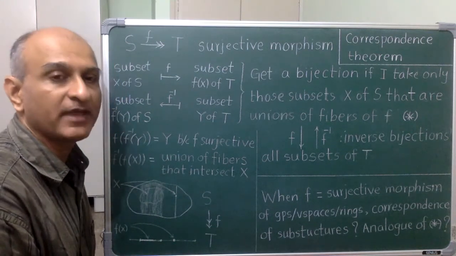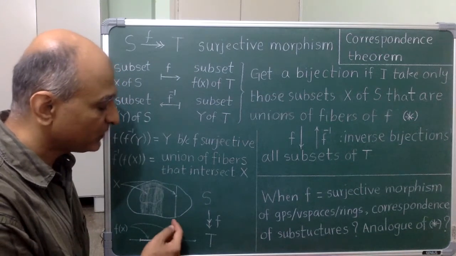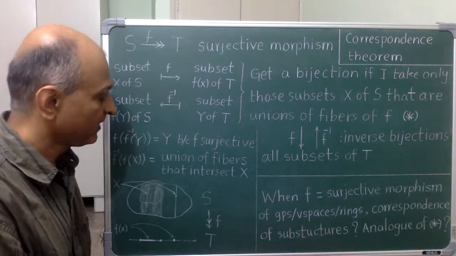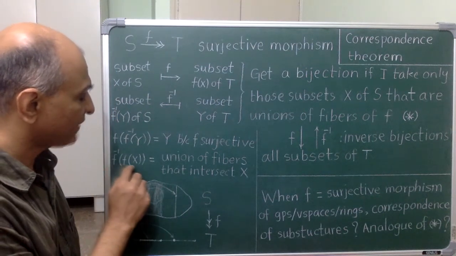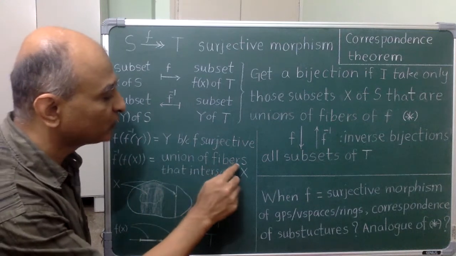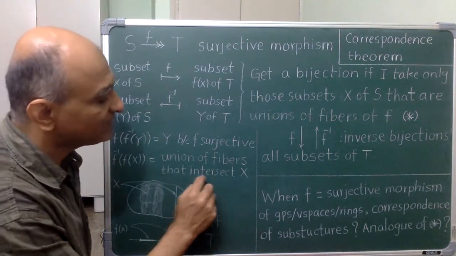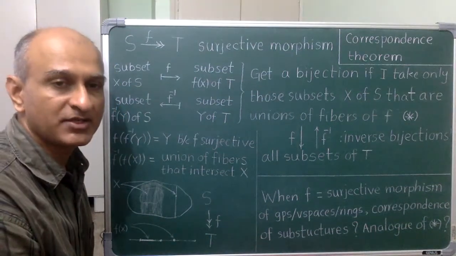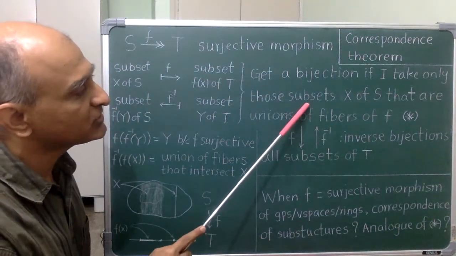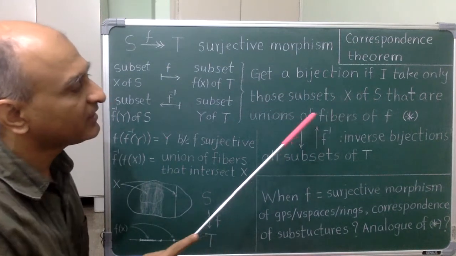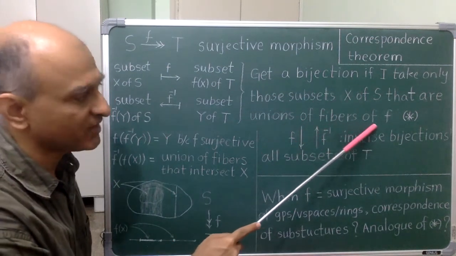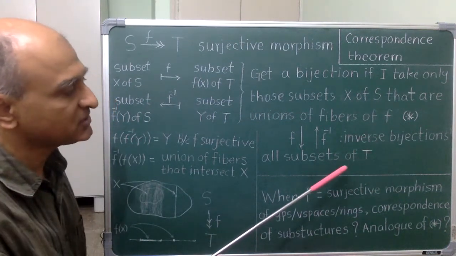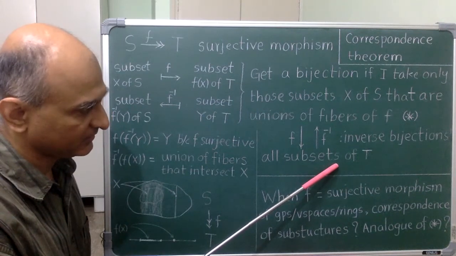F inverse of any one of those points is going to be a full fiber of F that has something in common with X. Therefore, F inverse of F of X is the union of those fibers of F that have something in common with X. Therefore, I do get a bijection if I restrict to those subsets of S that are unions of fibers of the function F. Such sets are in bijective correspondence with all subsets of the target.